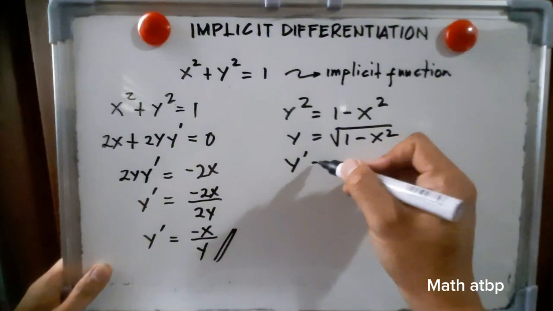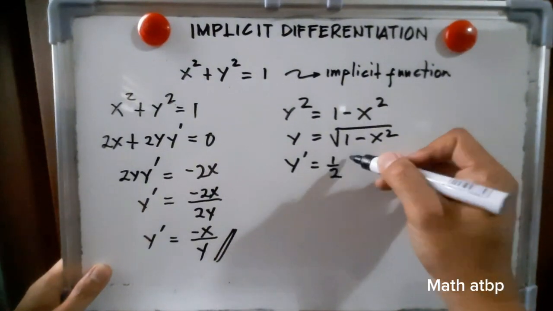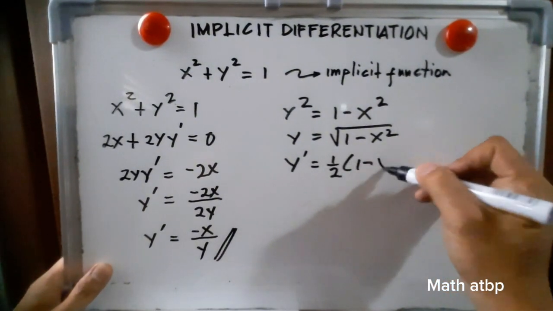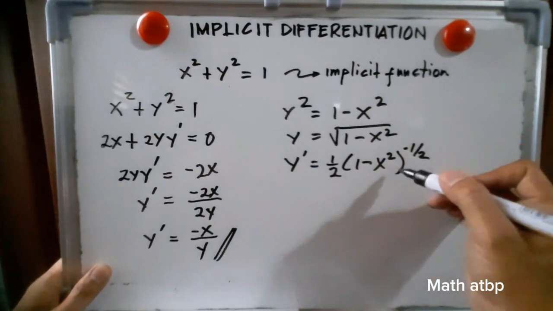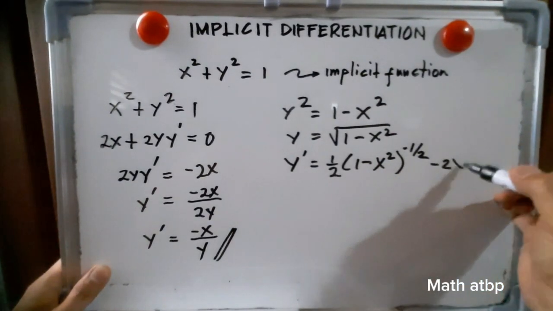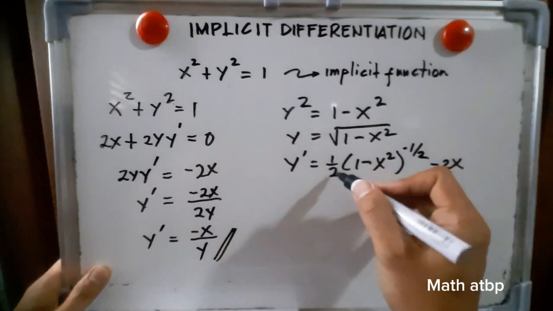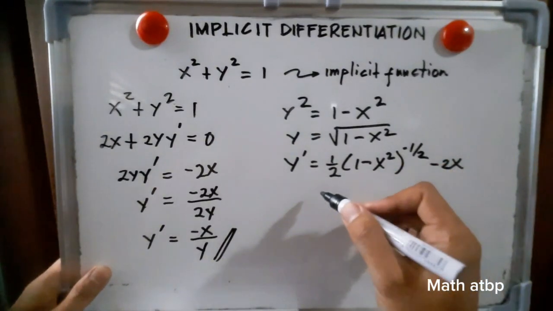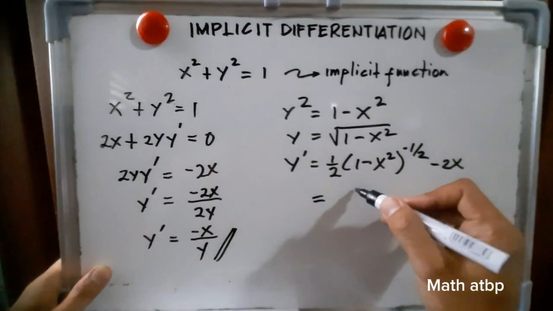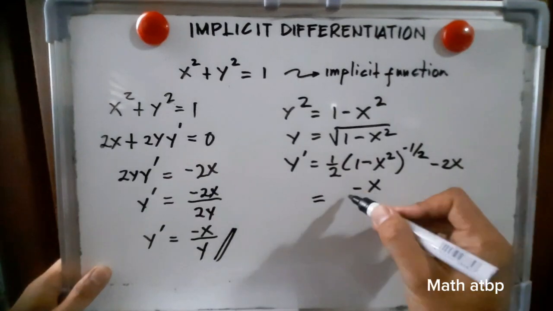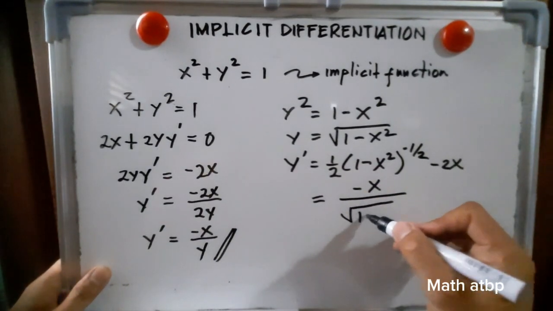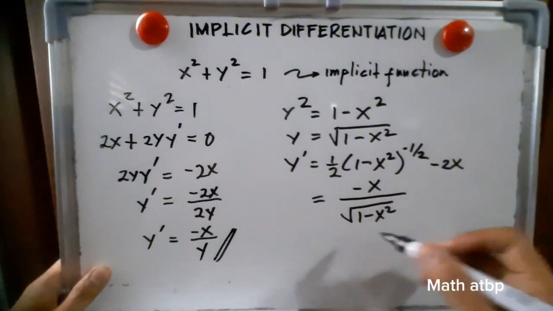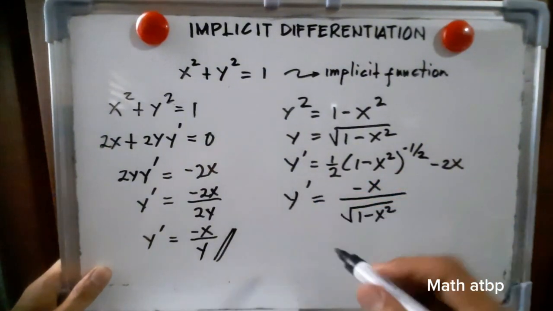Y prime is equal to 1/2 times the quantity 1 minus x squared raised to negative 1/2 times the derivative of this, which is negative 2x. We have 1/2 here and we have negative 2x there. Therefore, we have negative x over the square root of 1 minus x squared. That is your y prime.